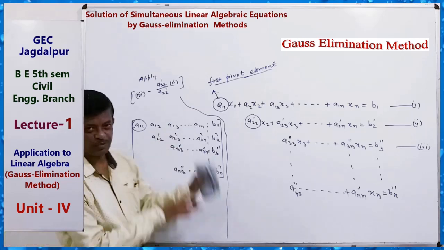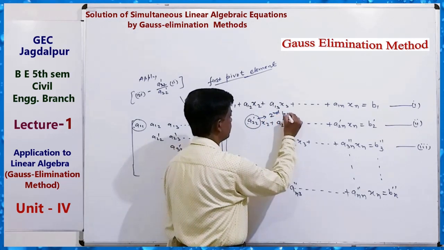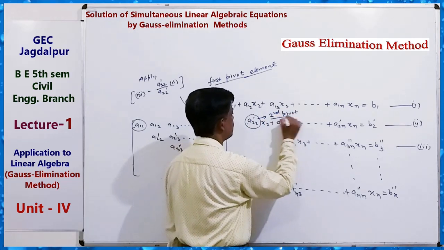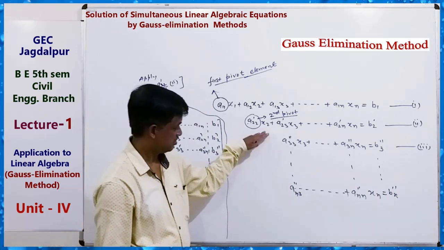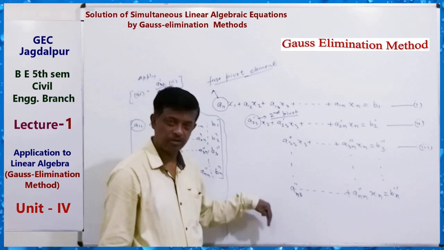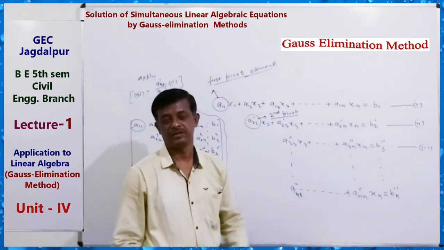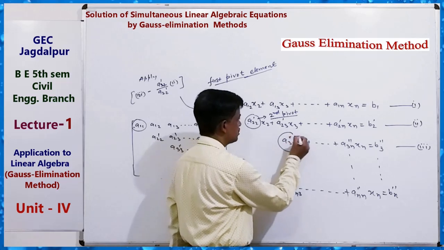Just like this, by doing the same process, this is the second pivotal element, second pivot. Pivot means that by which we have to eliminate the first term of the remaining equations below the second pivotal equation. A similar process you can do. This is the third pivot.